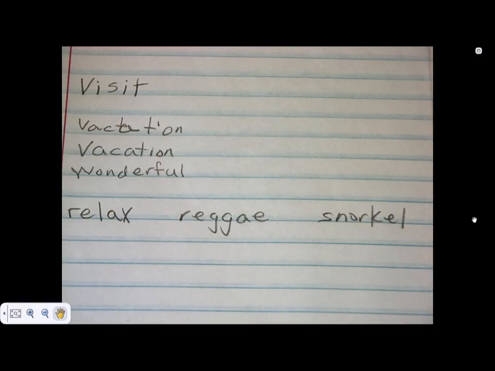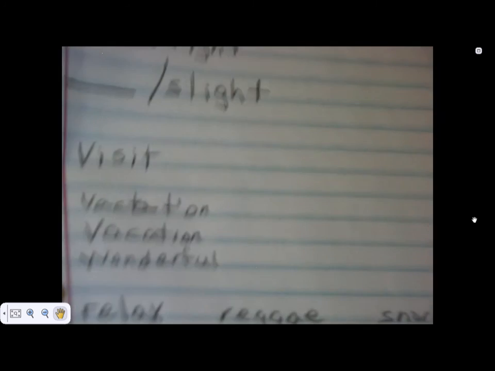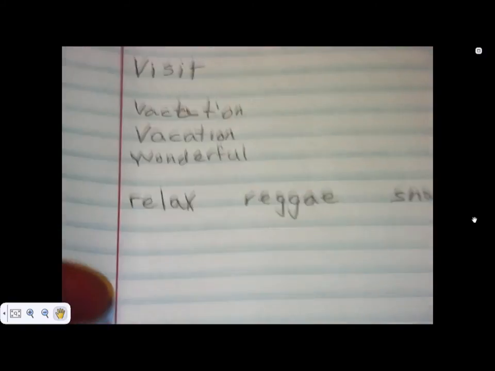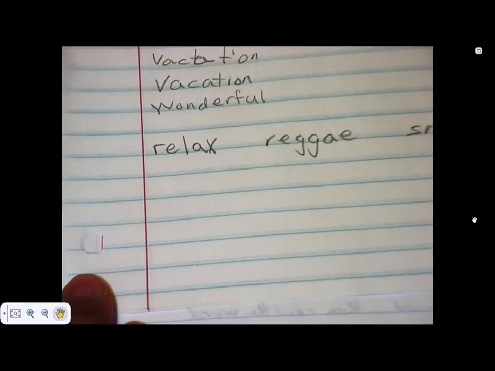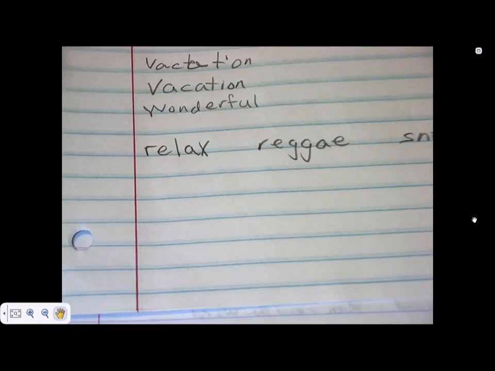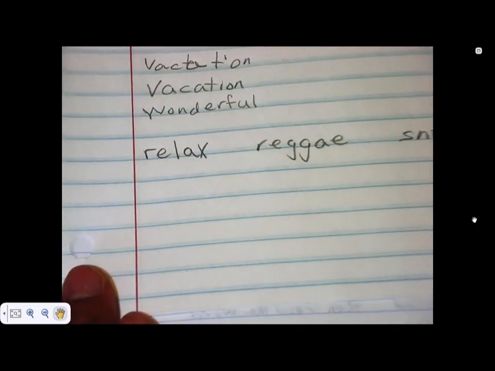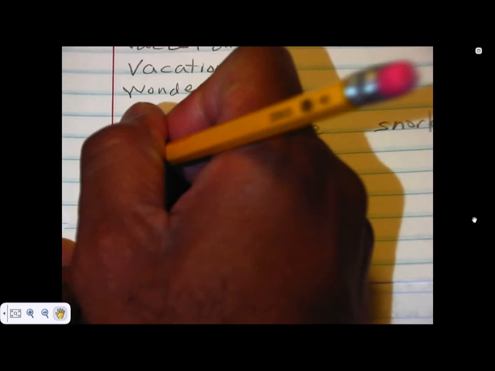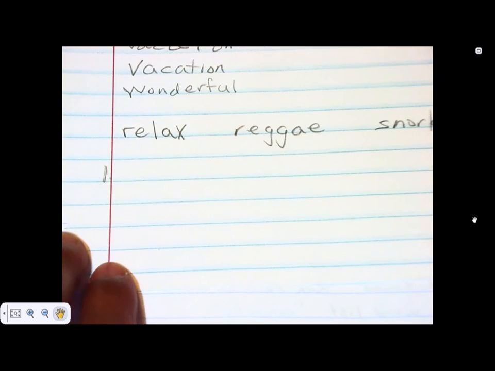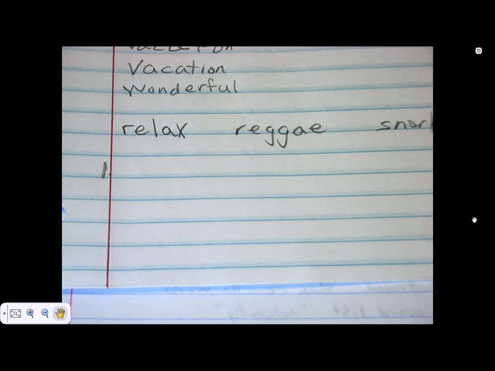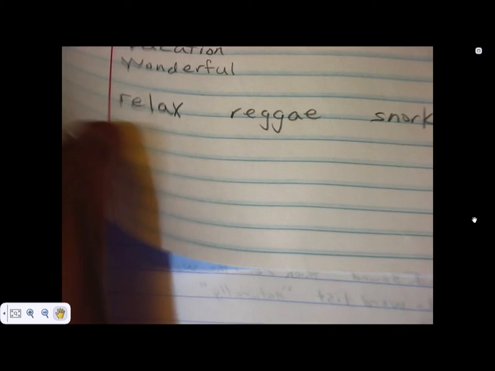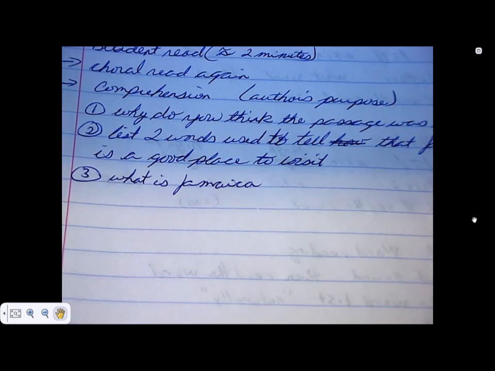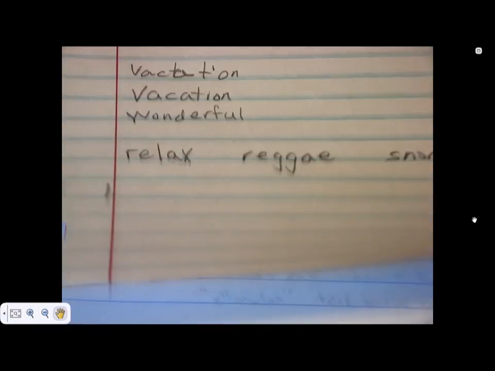Okay, now we have our three questions that I asked, and I'm going to give you time to answer each. So down on the bottom of your page 58, you should still have a little bit of room somewhere. So question number one, I'm going to give you 1 minute to find the answer. Why do you think the passage was written?